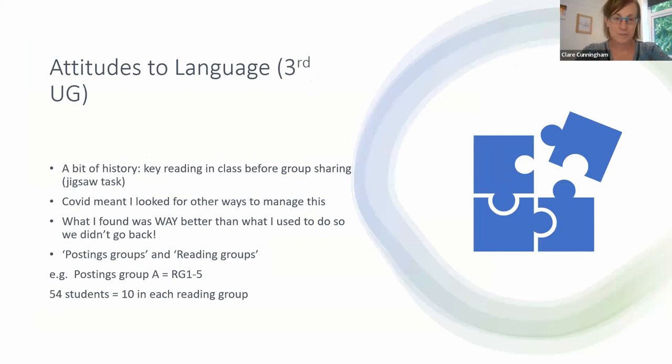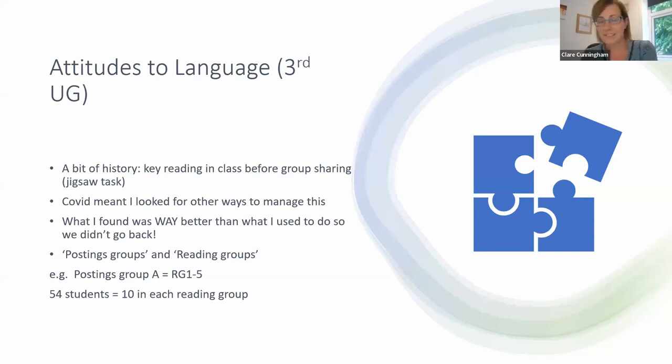But the one that I really want to focus on is the work that I've done with my third year undergraduate students on a module called Attitudes to Language, which is almost diametrically opposite, Antoine, from your more quant kind of work. This is a very socio-linguistically focused module, applied linguistics, with a very, very strong social justice bent to it.